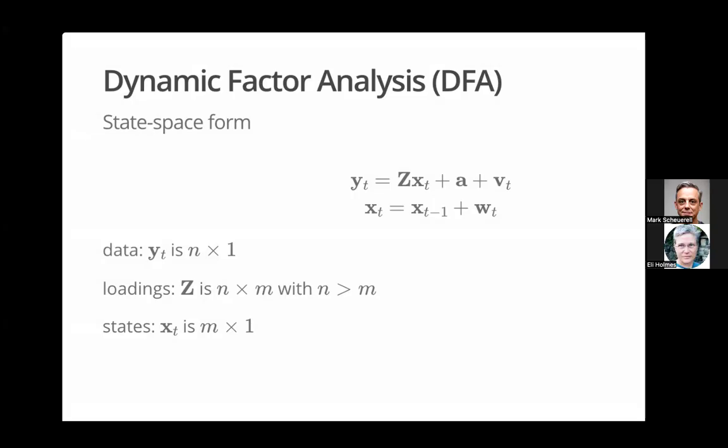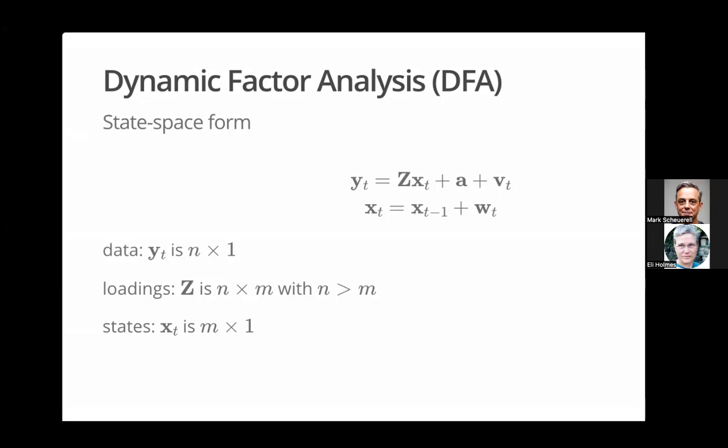Here's dynamic factor analysis. You've now seen this model several times today alone. So the data are Y. This is going to be N by 1, so N rows and 1 column. Z is going to be N rows and have M columns.